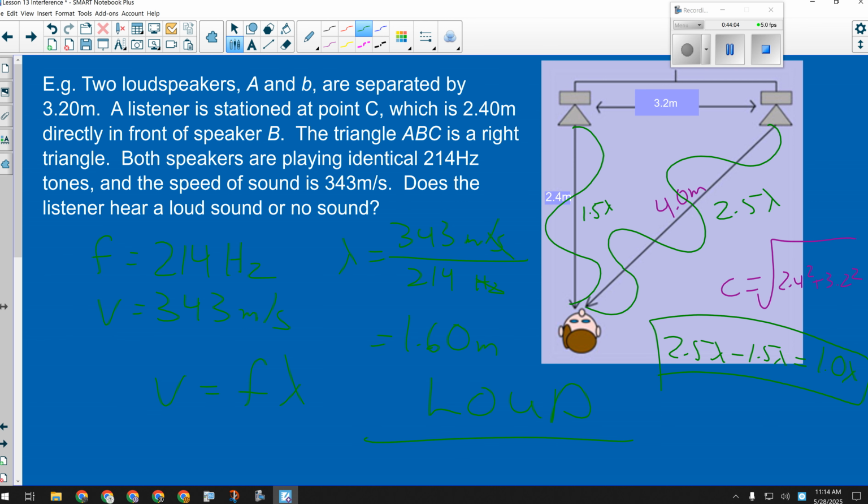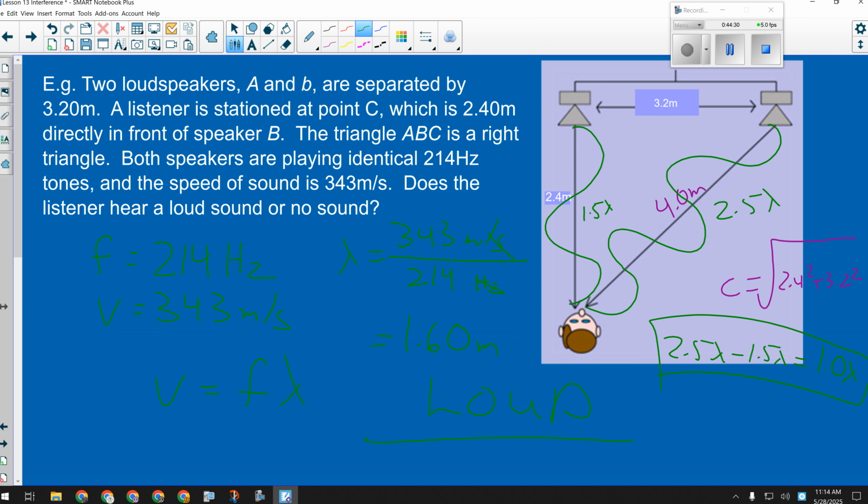Is there any part of that that's mathematically challenging? You've got to do a universal wave equation calculation, which is like V equals D over T. You got to do a Pythagorean theorem calculation to get the hypotenuse. And you've got to divide a couple of numbers and then do a subtraction operation. The trick with these is obviously doing it in the right order, and knowing what do I have to do here.